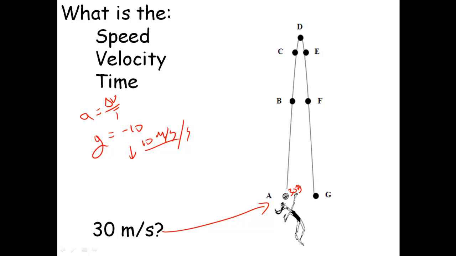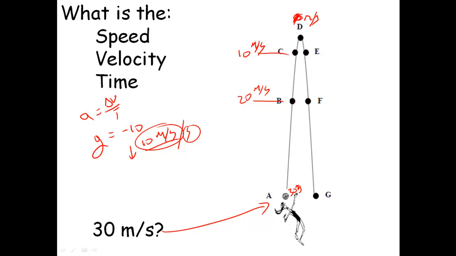It's a change in velocity over time. It changes by 10 meters per second every second. So 1 second later, each point represents 1 second in time, it lost 10, so now it's going 20 meters per second. Another second, it lost 10, so it's going 10 meters per second. And now 0 meters per second.